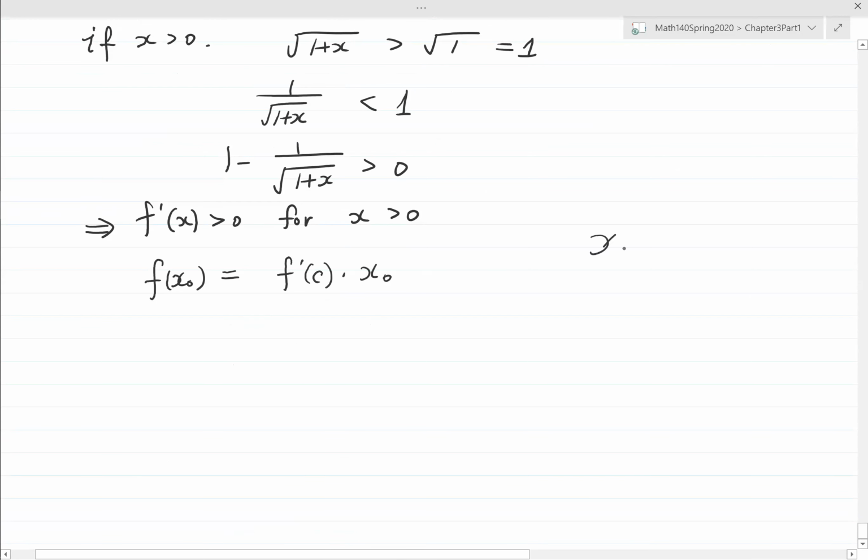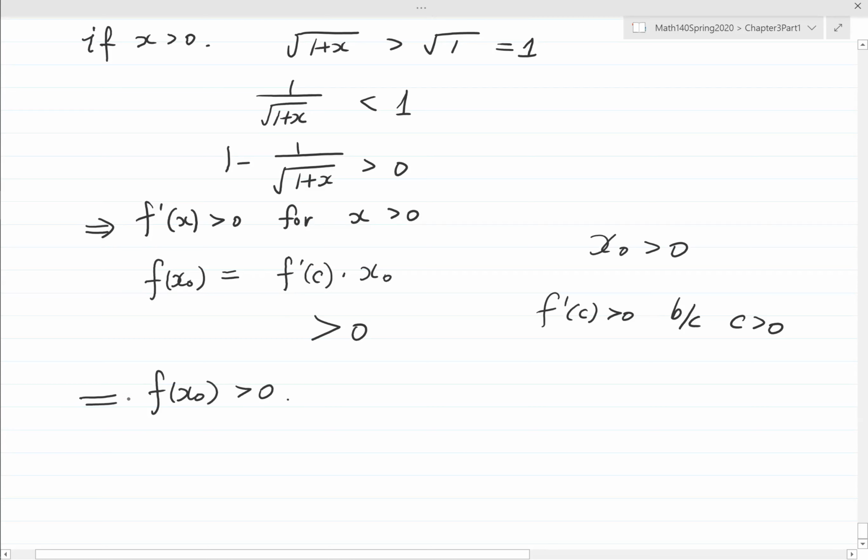Now x0 is positive. f derivative of c is positive because c is positive, and the derivative is positive when its input is positive. So we can conclude that this is positive times positive. Then we get a positive number. So then we get f(x0) is positive.